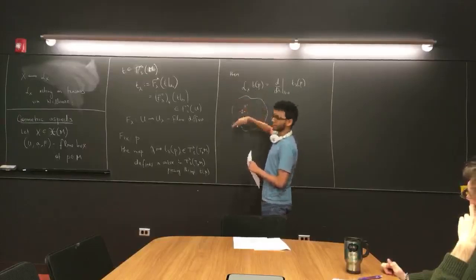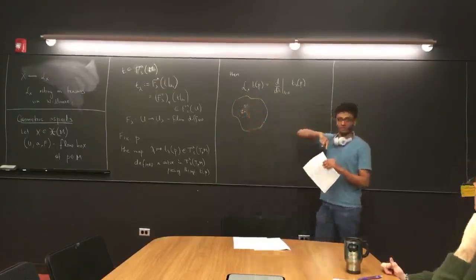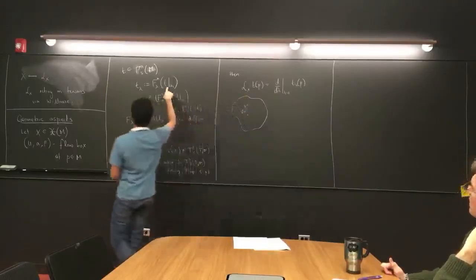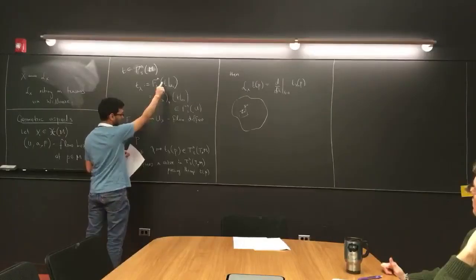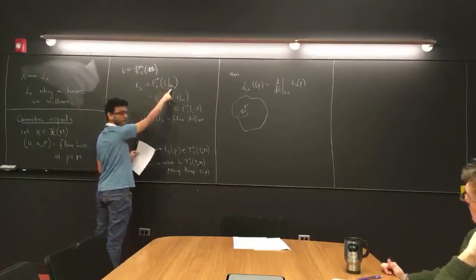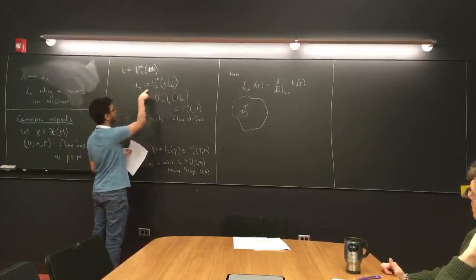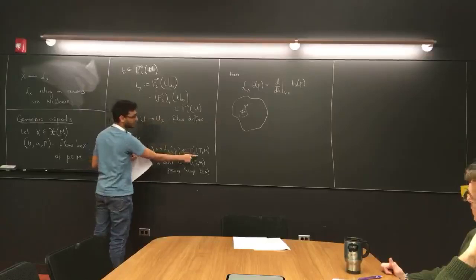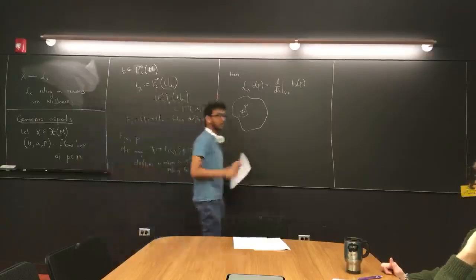And you see how that changes as you flow along the curve with this parameter lambda. That's what this is doing. So you're taking T, evaluating it at the point where P goes after lambda time, the point that P flows to after lambda time, pulling it back, and that's T lambda, which is an element of this. And then differentiating this with respect to lambda gives you the Lie derivative.